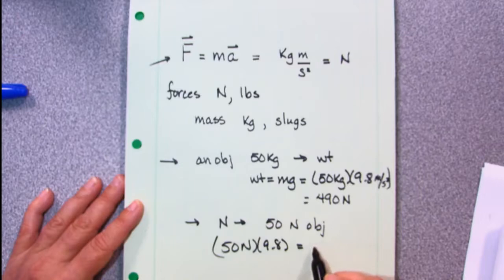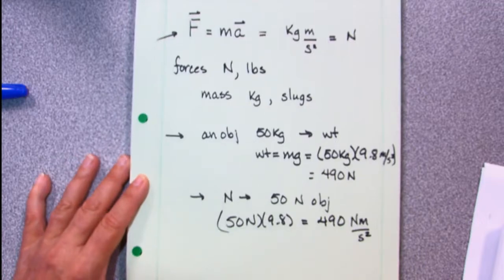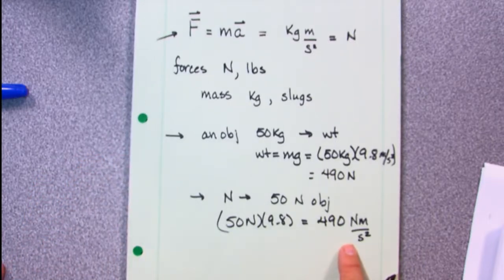That's going to give you some weird thing like 490 Newton meters per second squared. Your units will help clear up. If you keep track of your units, you'll prevent yourself from making that mistake.